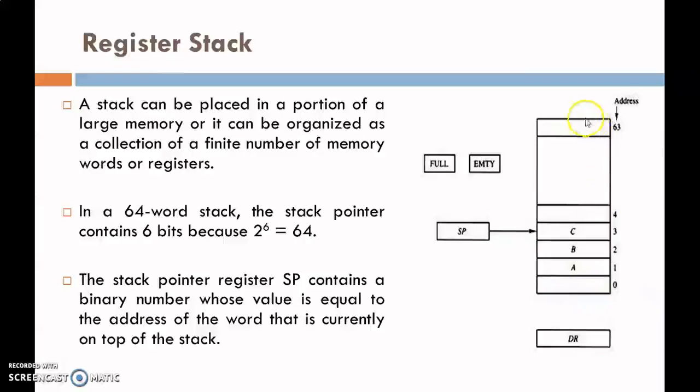Now my stack is full. The items are stored at the addresses first, second, third, fourth up to 63, then after that 0.